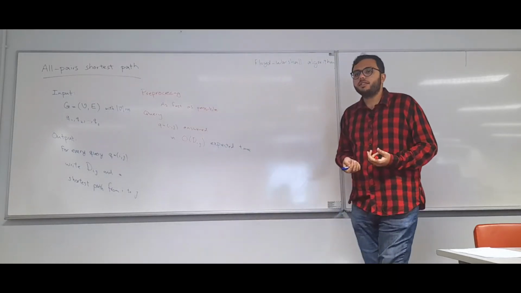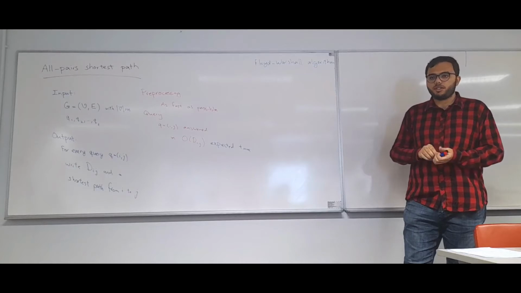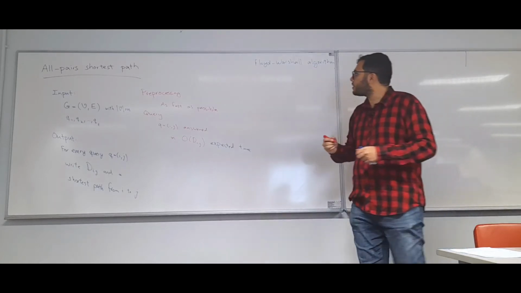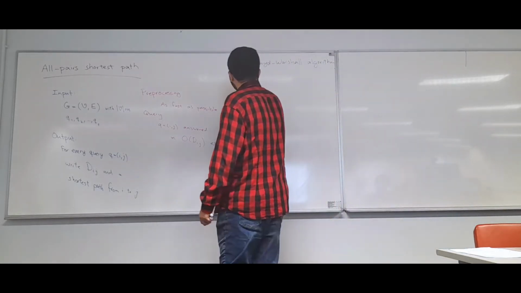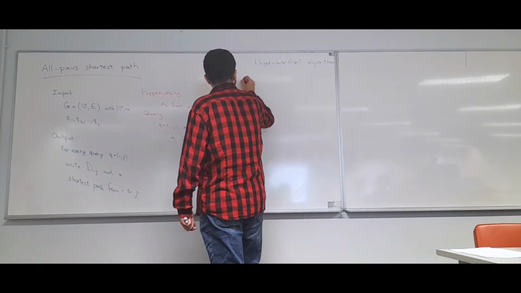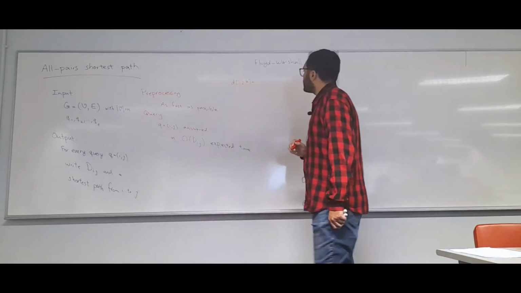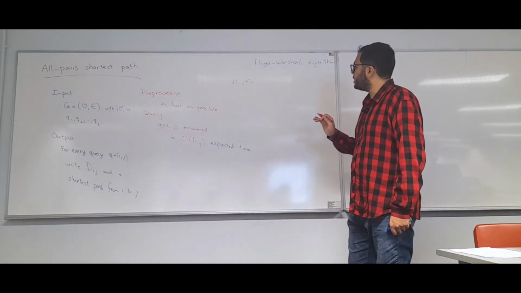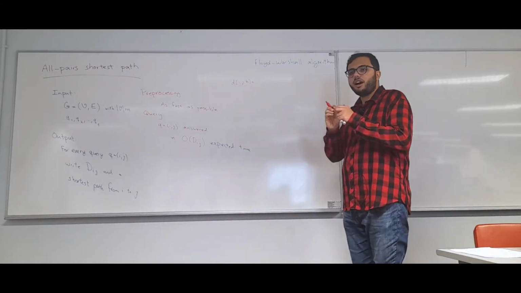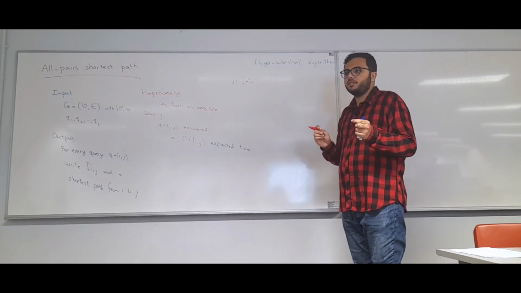What was the idea there? The idea there was that we do dynamic programming, right? So I can define some dynamic programming variable, let's say d_ijk, and I can say that I want this to be the shortest path between i and j that only uses the first k vertices.